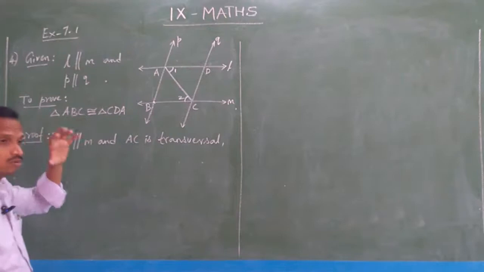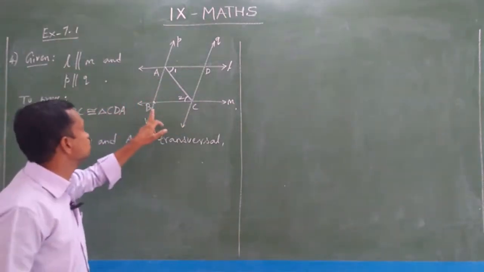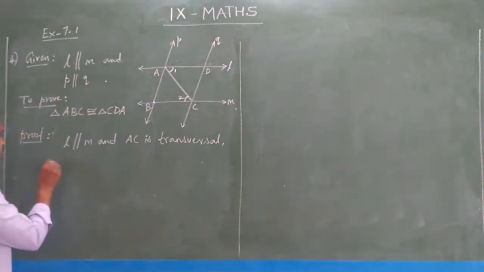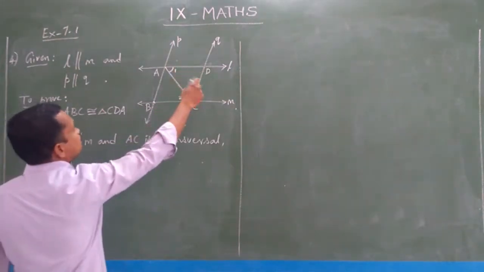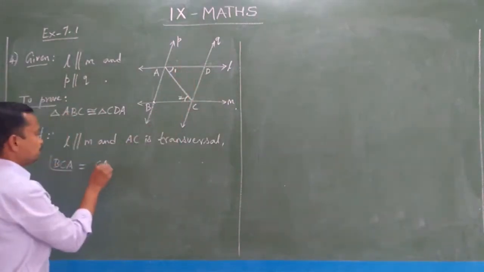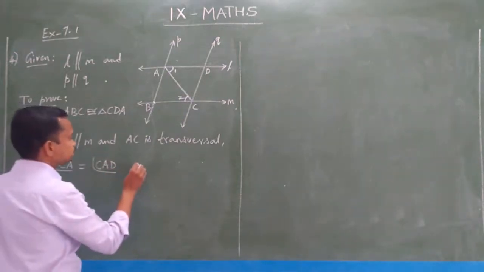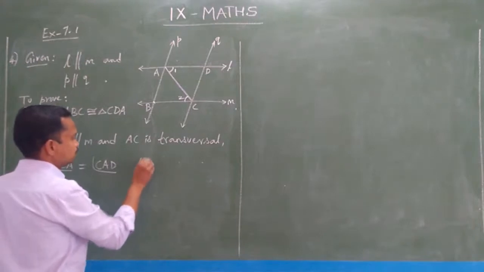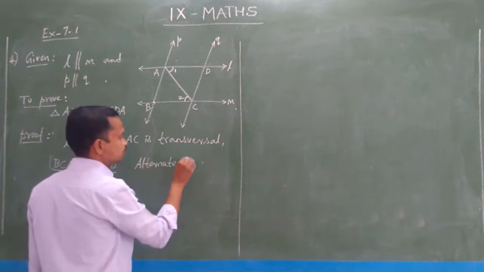So already we have to keep in mind the first triangle, that is ABC, which means we have to take angle BCA. Angle BCA is equal to, and this angle we can have CAD. Reason: alternate interior angles.